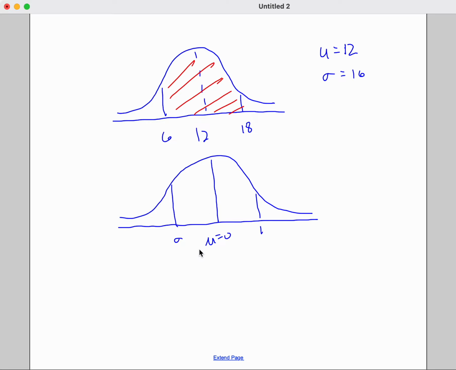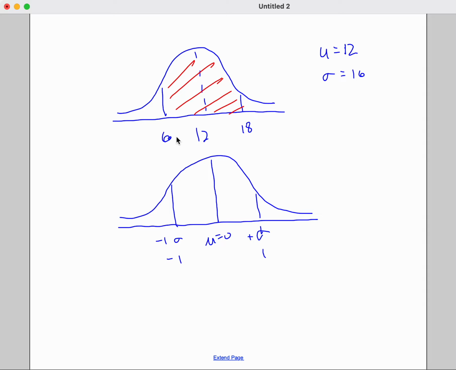Okay? And there's a way that we can convert this 6 here to a number on the standard normal distribution. So this is plus 1, minus 1. So 1 and negative 1 would be over here for the standard normal distribution.